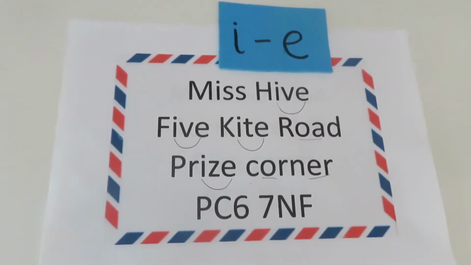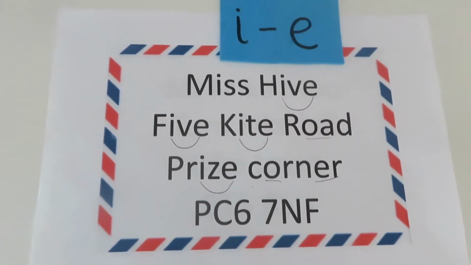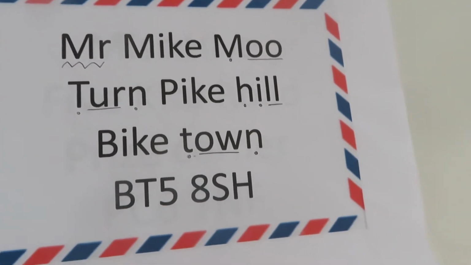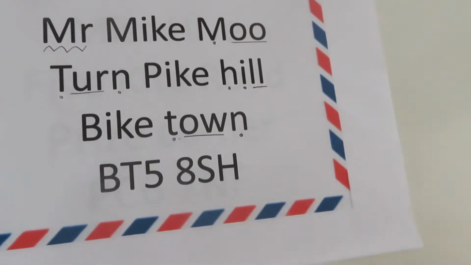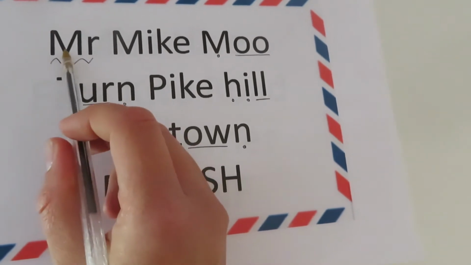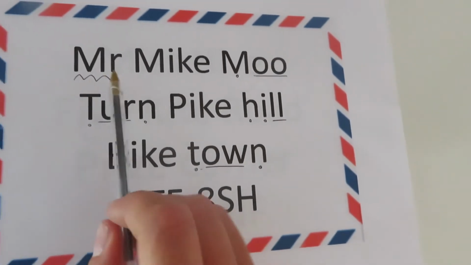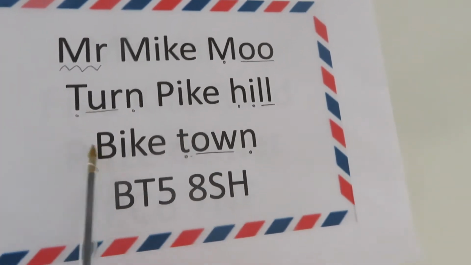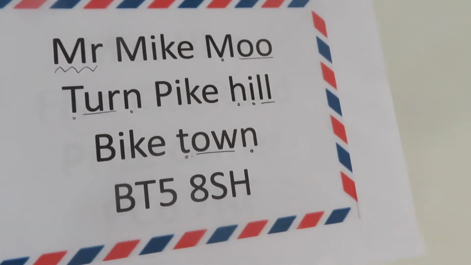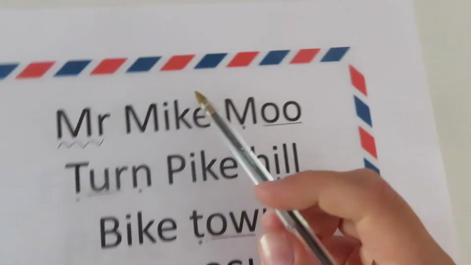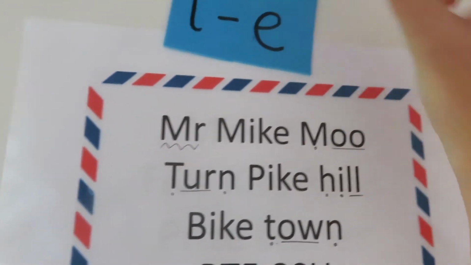I've just got one more letter for you guys to help me with. Okay, so this is my second letter that I want to post. I've already added some sound buttons, and here I've done a zigzag because this is a tricky trial word. It says Mr. Let's see who the letter's for, where they live, and what their postcode is. Mr. Oh, I need to find those split I digraphs.